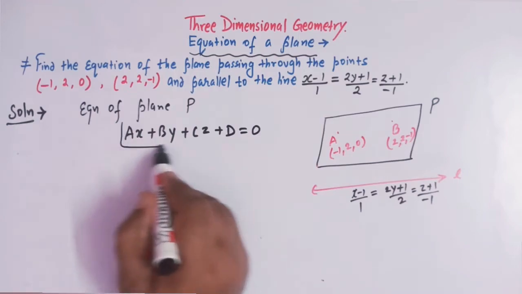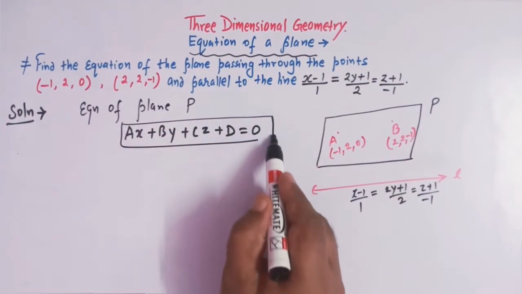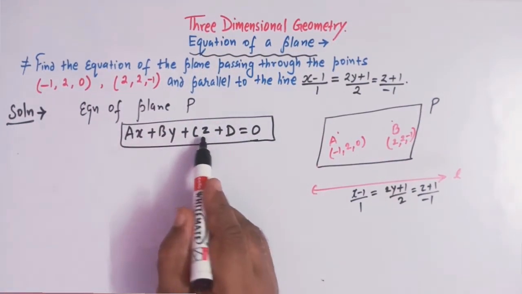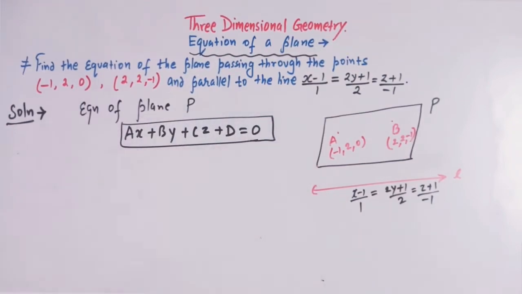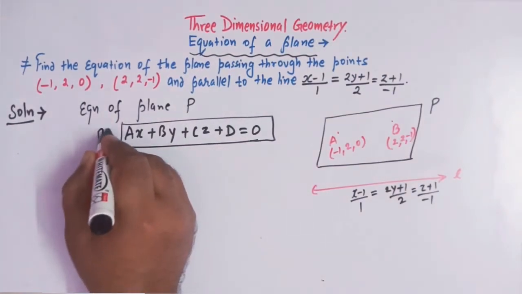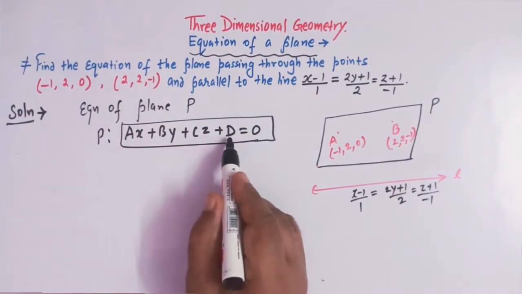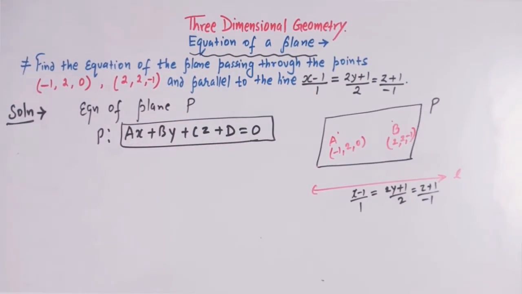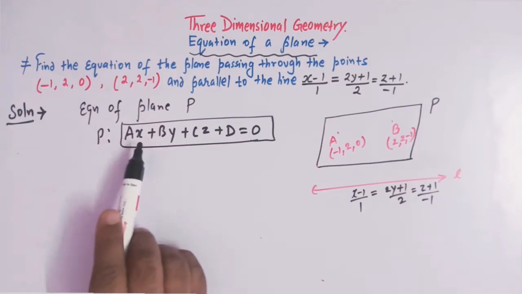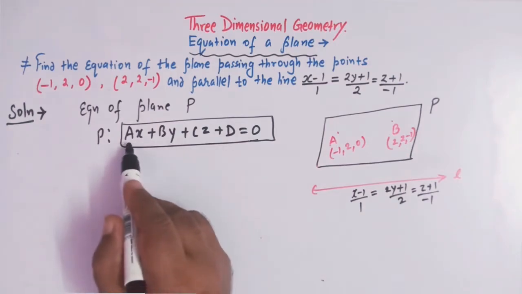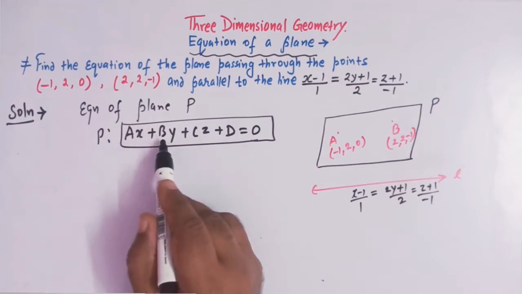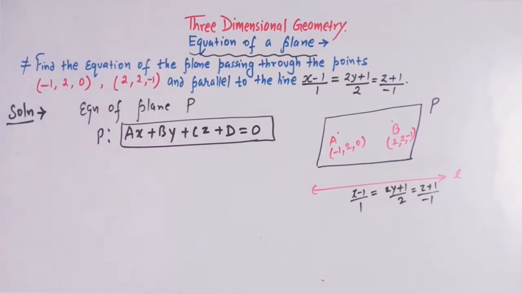So an equation of this form in x, y and z always represents a plane, right? So here we have to find this equation. It means we have to find the values of a, b, c and d, right?